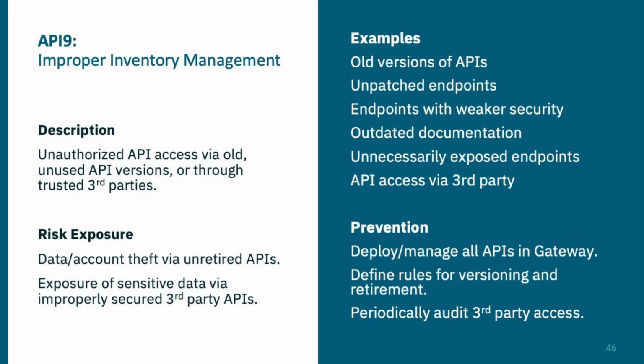When you update an API from one version to the next, how do you communicate to all the constituents that need to have access to it? How are you retiring the old version, and under what conditions, and so forth? And then you want to audit. Make sure you're auditing who's accessing your APIs. Do they still have legitimate access to it? Are they on the correct version of the APIs, and so forth?